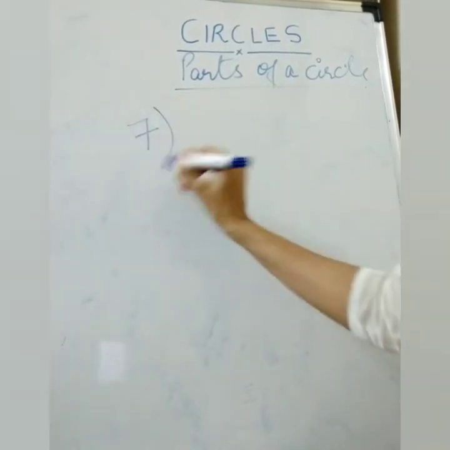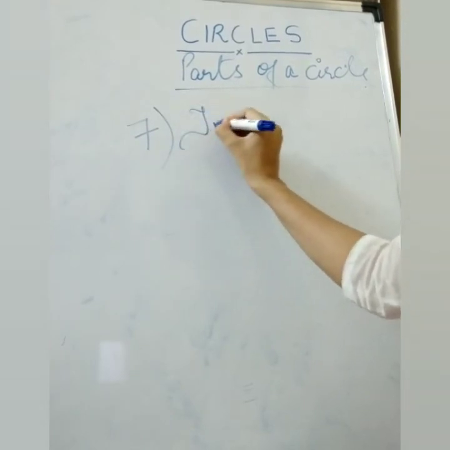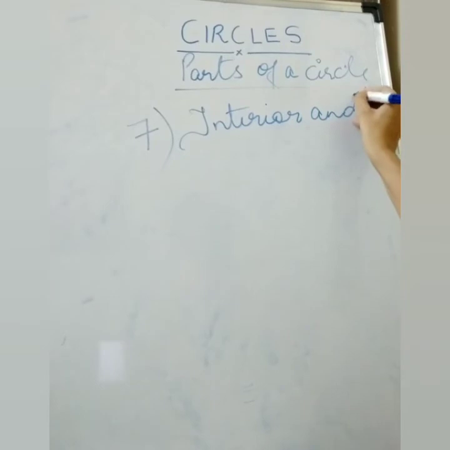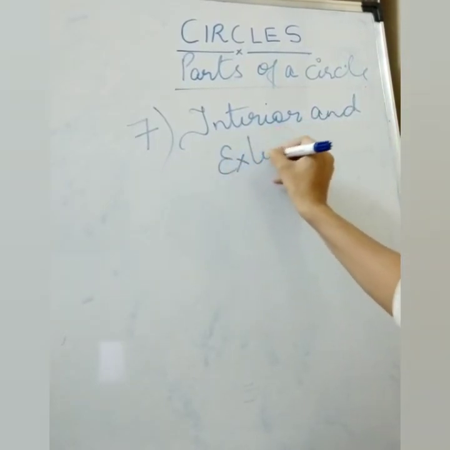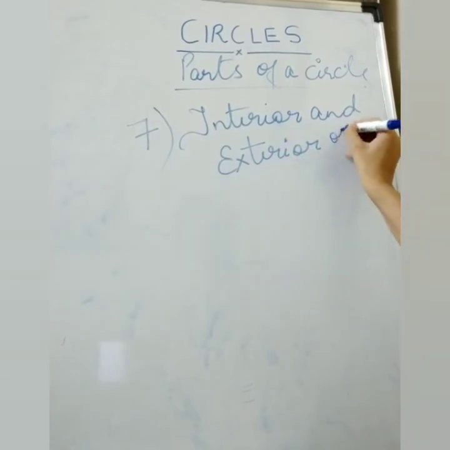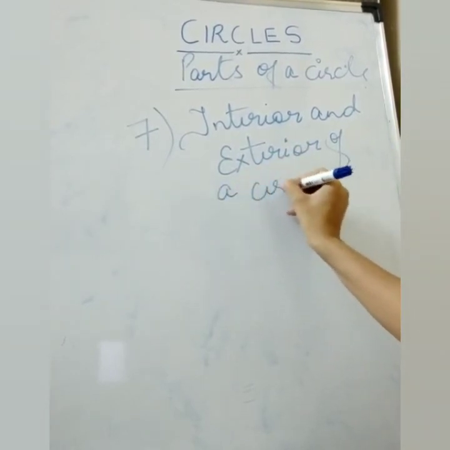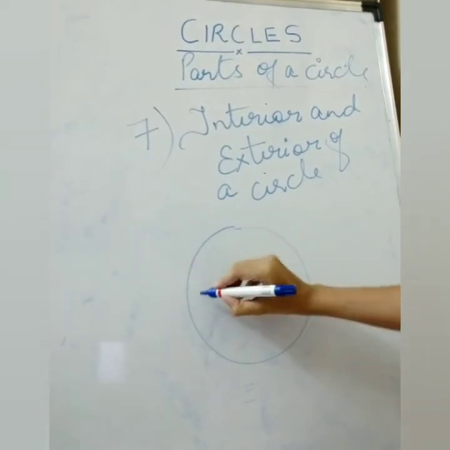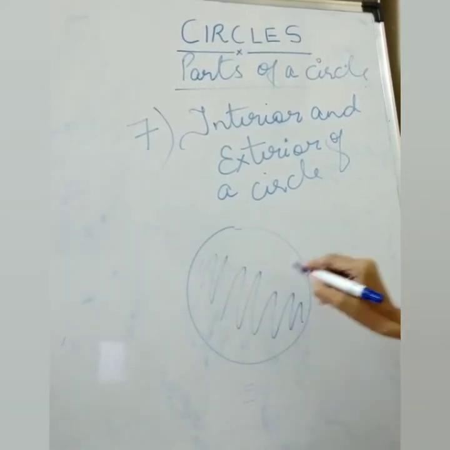Now the 7th one, interior and exterior of a circle. This is a circle. This inside part, can you see this inside part?